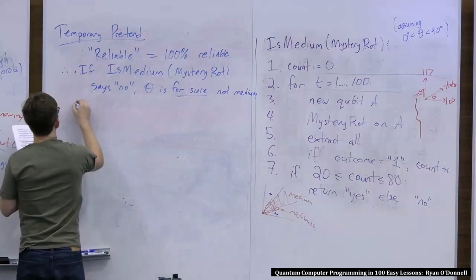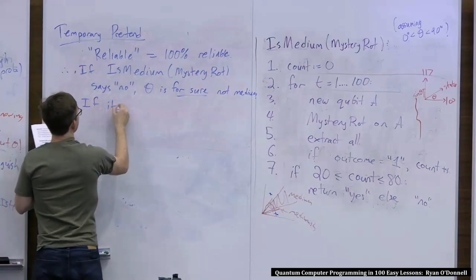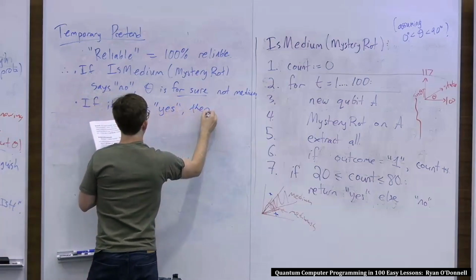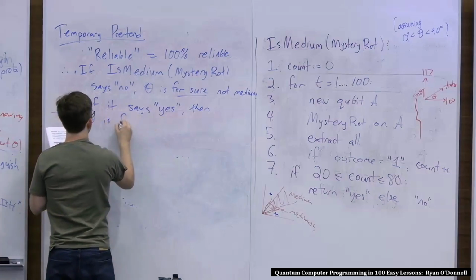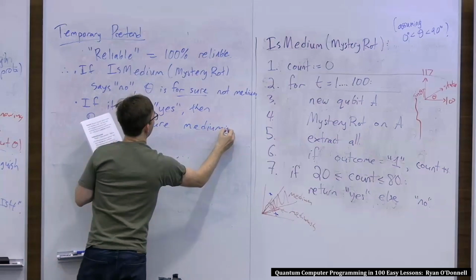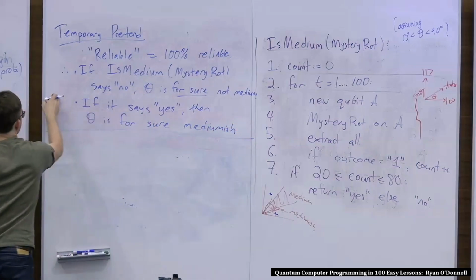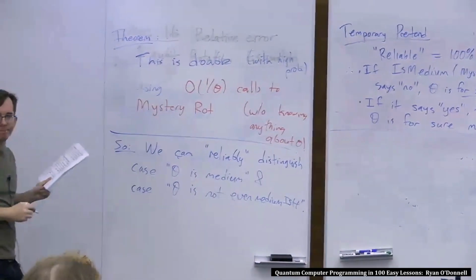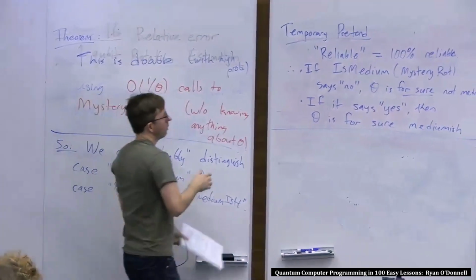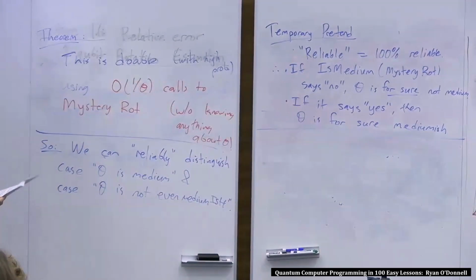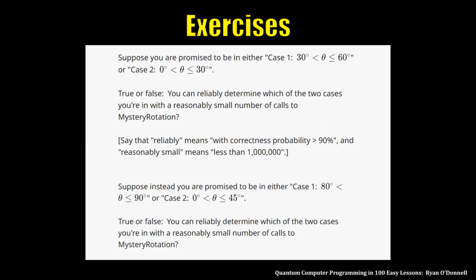And if it returns yes, then theta is for sure at least medium-ish. Okay, so this is the same as this if reliable meant 100%. So we're just going to put this in our pocket and use it as a subroutine going forward.